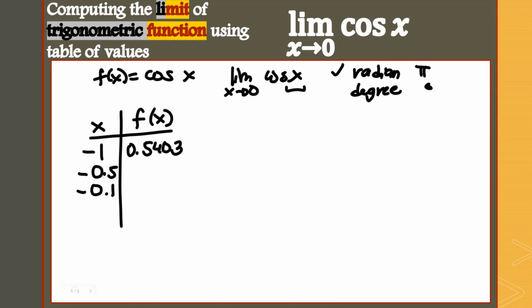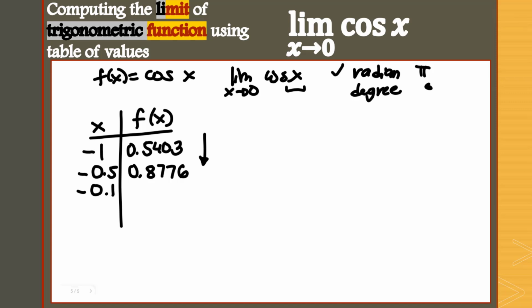Hence, we will be using the next values. As you try -0.5, plugging that in your calculators, you will get an approximate value in 4 decimal places, 0.8776. As you can see, there is a trend already that its value increases, but we need to look at what specific value it is approaching.